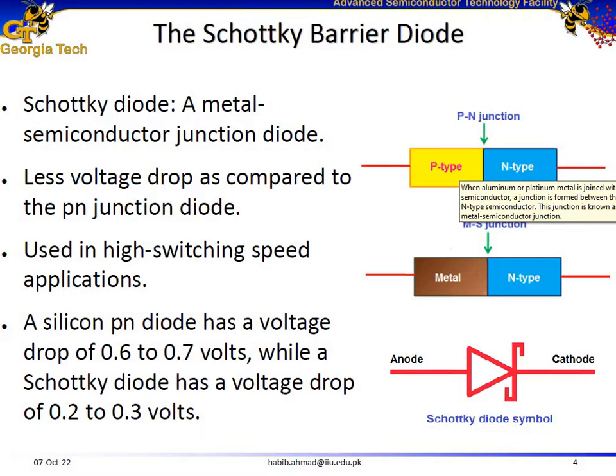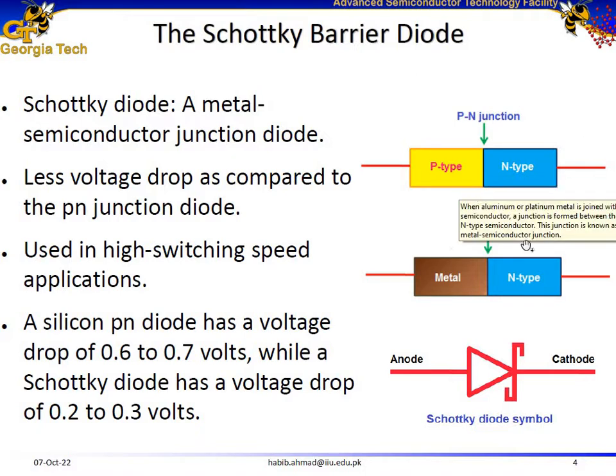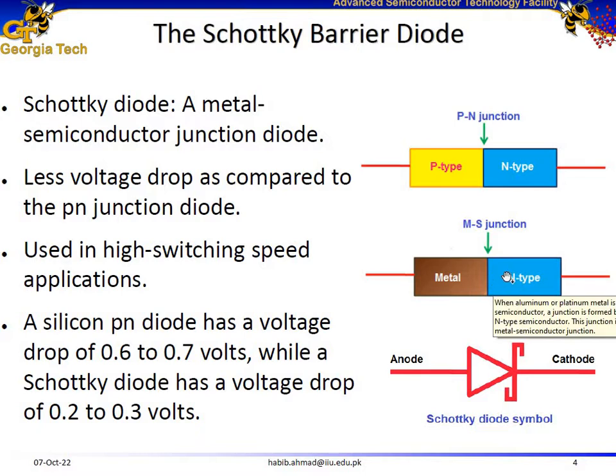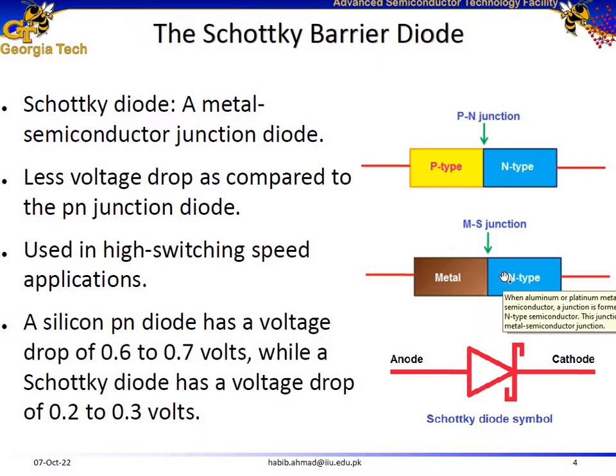Depending on the doping of the p and n-type layers, its built-in potential varies in the range of 0.5 to roughly 0.9. We can say it's roughly 0.7 volts for the p-n diode. But on the other hand, for a metal semiconductor junction, this built-in potential or the turn-on voltage is 0.2 to 0.3 volts.